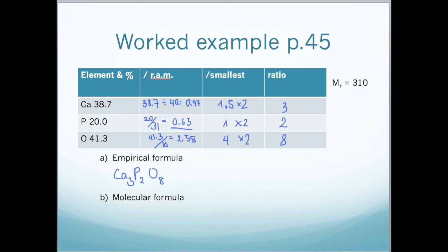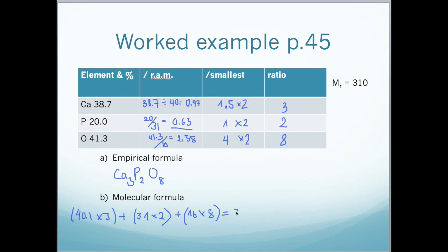So now that we've worked out the empirical formula, we are also asked, as part B of the question, to calculate the molecular formula. So we've got calcium times 3, so we need to multiply 40.1 times 3, plus we got 2 of phosphorus, so we need 31 times 2, and we have 8 of oxygen, so 16 times 8.